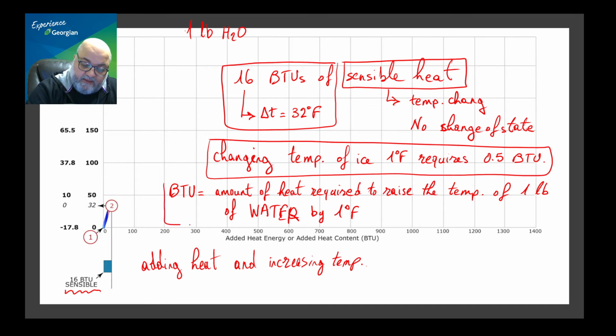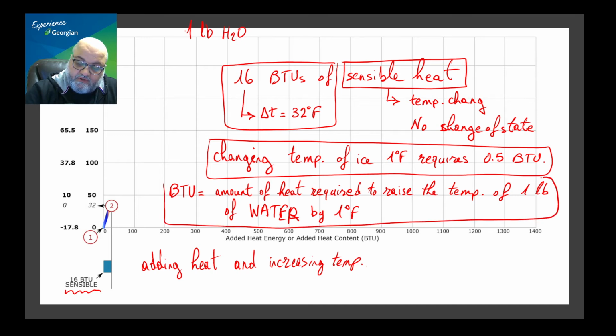So when you're dealing with water, change of 1 degree Fahrenheit requires 1 BTU. That's the definition of the BTU.